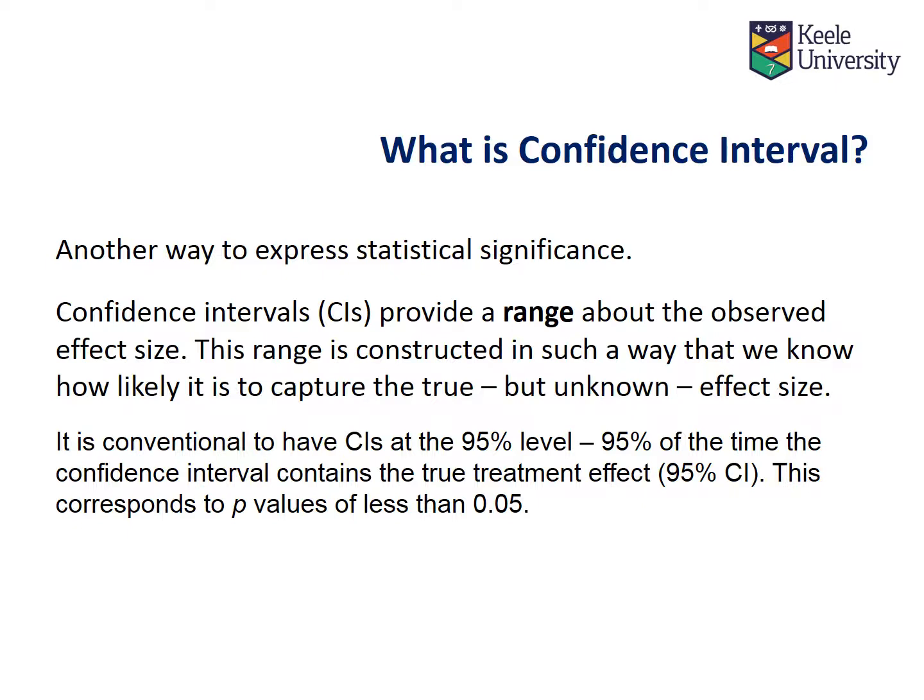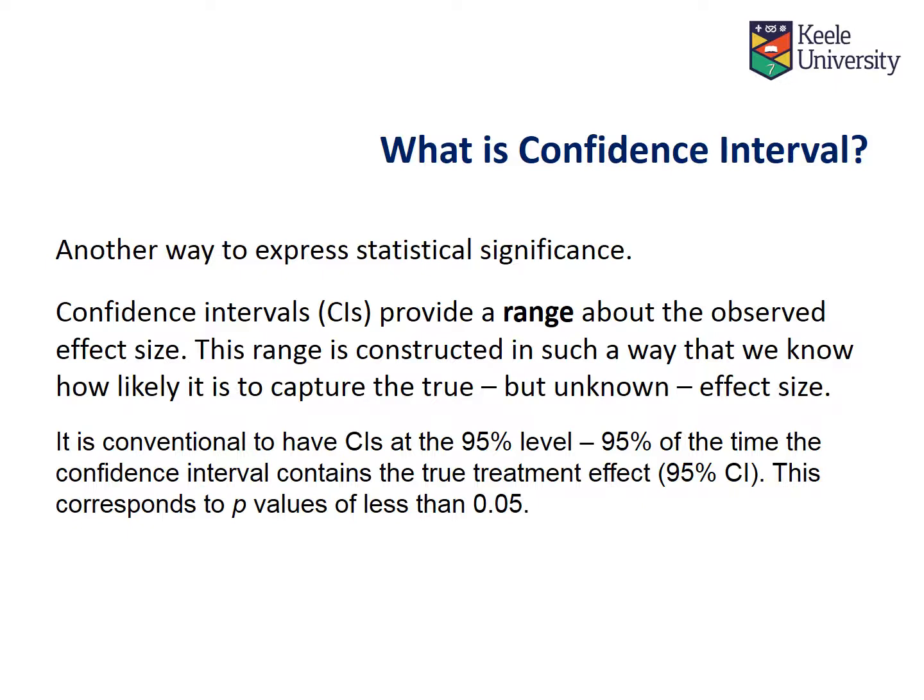You remember the p-value 0.05 is the possibility of including a false treatment effect, a false positive. Here, the confidence interval is the mirror image of that, which gives us the 95% of the true treatment effect.